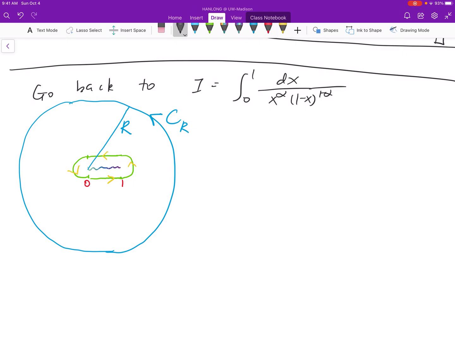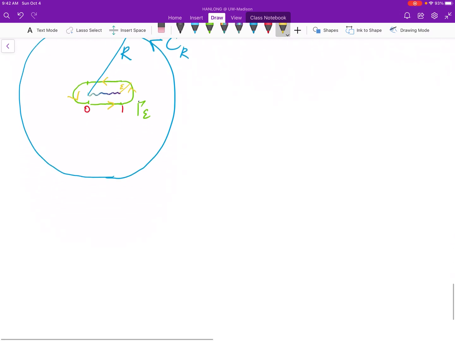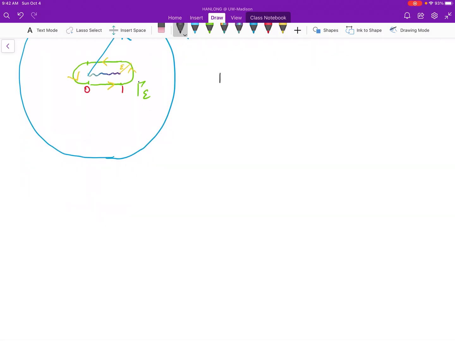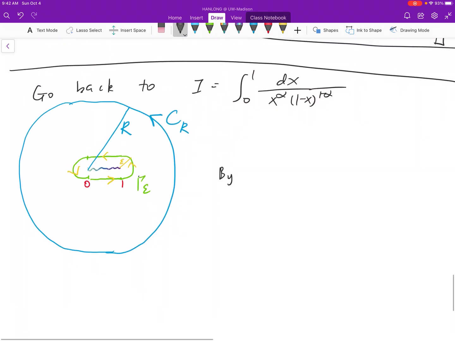Let's call this gamma epsilon, because here the half circle has radius epsilon. Okay, then notice that this function is holomorphic.